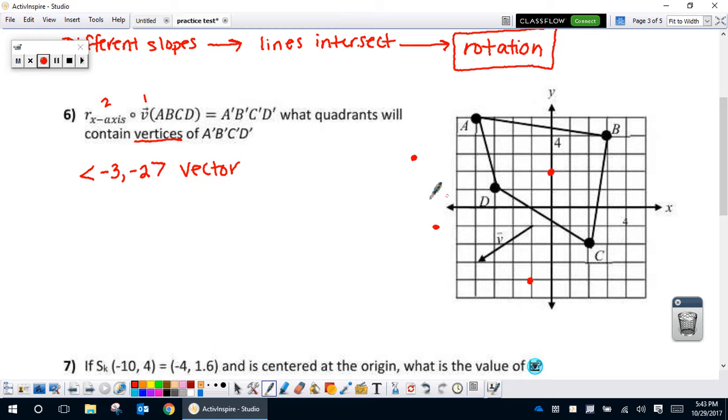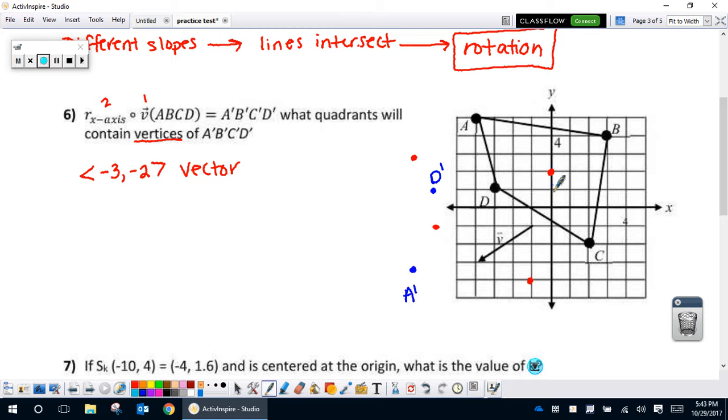Now I'm not labeling these yet because for some reason they want us to call our image A prime, B prime, C prime, D prime. Okay, so now we're going to take these points and reflect them over the x-axis. So this point, this was A. So A would come right around here, and D would come right around here to be D prime.